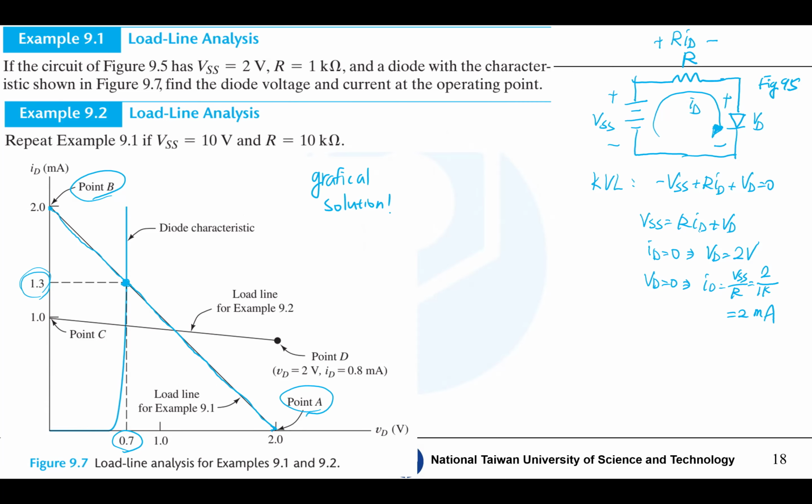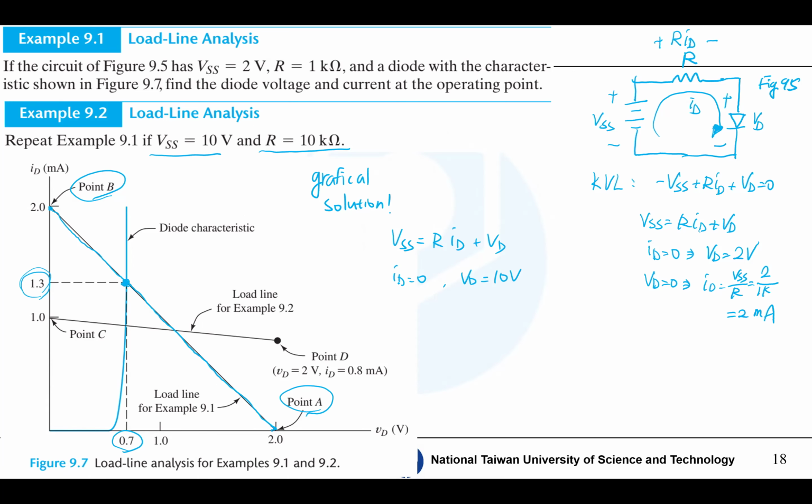So same thing, we write this KVL equation, R ID plus VD, but right now VSS equals 10 and R equals 10K ohm. So when ID equals 0, VD equals 10 volts.